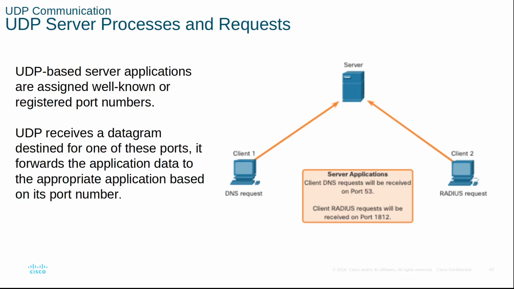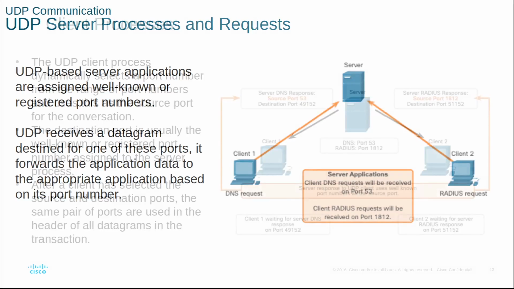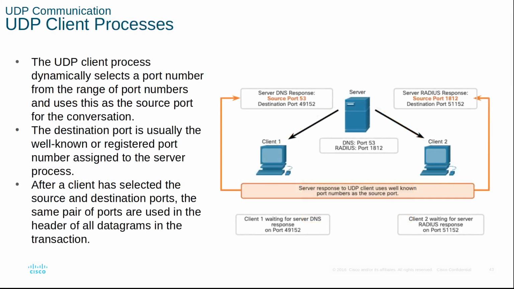UDP uses the same registered ports and well-known port numbers that we saw previously. It's just UDP. UDP will receive a datagram destined for one of these ports, and it forwards the application data to the appropriate application based on its port number. UDP client processes select a dynamic port from the dynamic range of port numbers, and that's going to be the source port for this conversation.